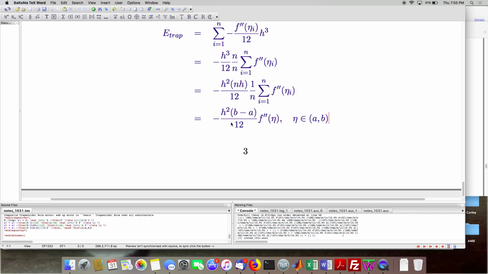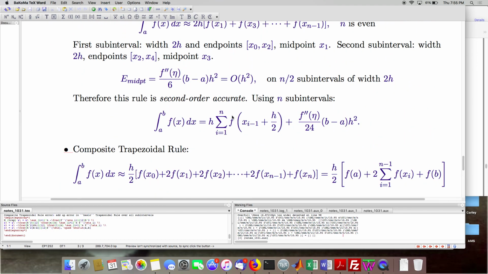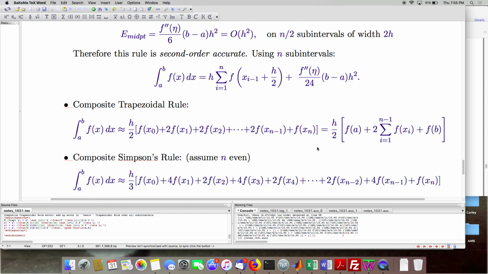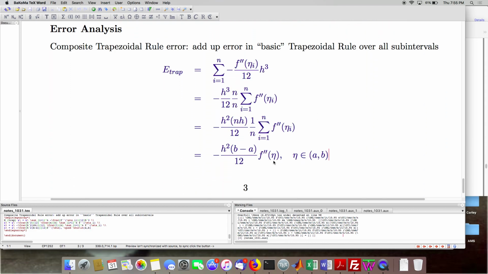So that's where the error formula comes from. It's a similar form to that of the midpoint: h squared times (b minus a) times the second derivative over a constant. It's just that the constant is 12 instead of 24. So the composite midpoint rule, again, is generally twice as accurate as the composite trapezoidal rule.